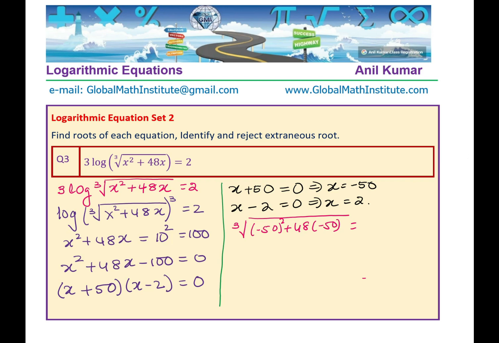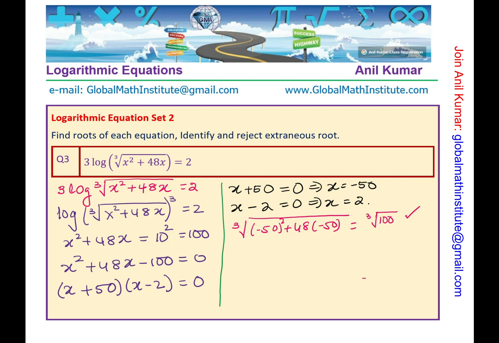Let's use the calculator. Minus 50 squared is 2500, and we take away 48 times 50, and that gives you 100. So it gives me the cube root of 100. So we see it works, because if I cube this, it'll be 100, and log base 10 of 100 will be 2, perfectly fine. So that works, right?